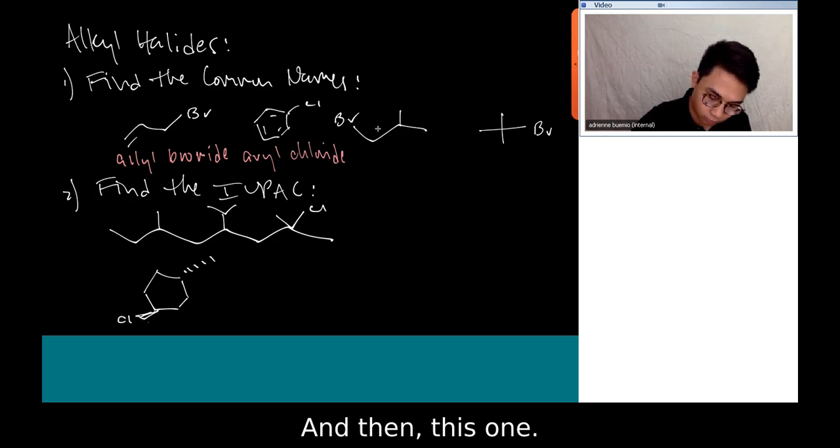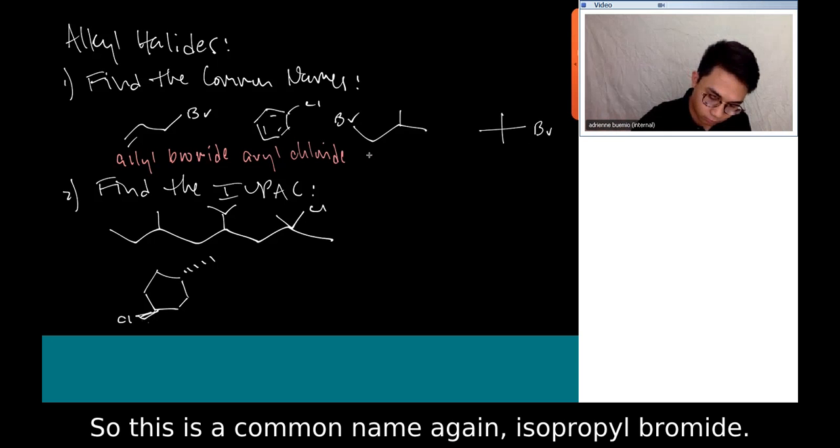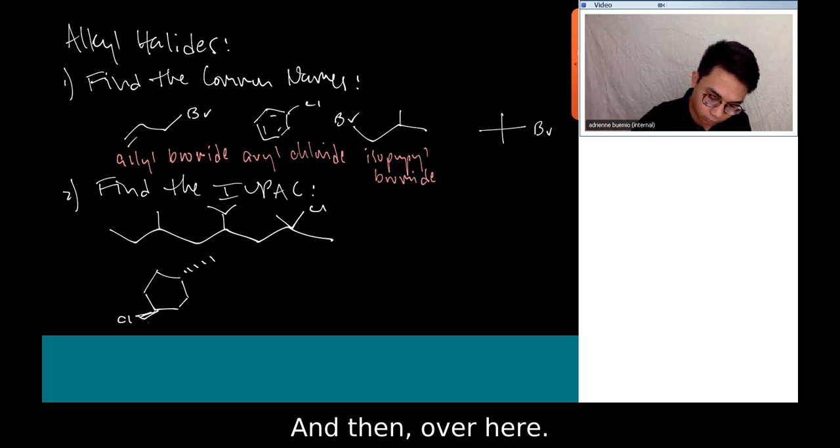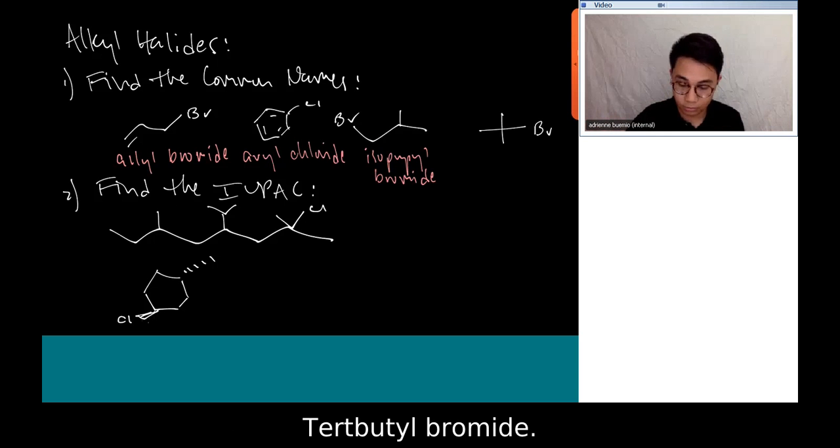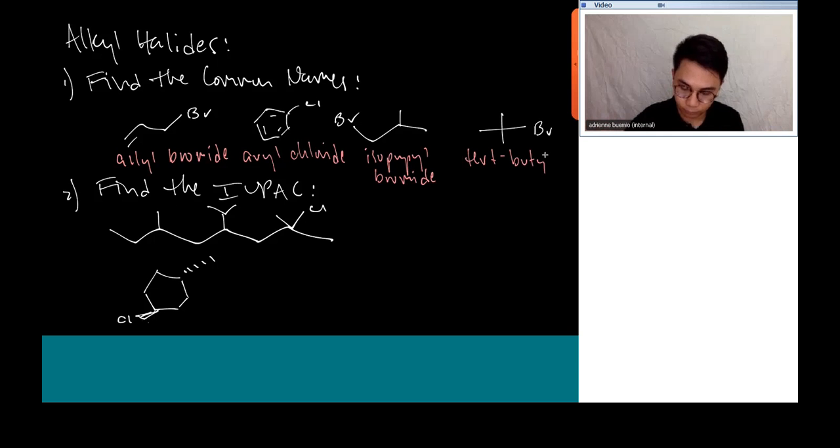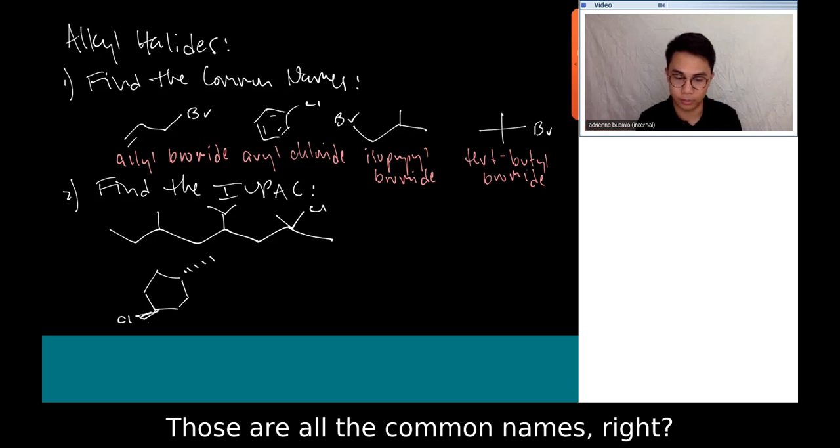And then this one, what kind of chain is this? Right. So this is a common name again, isopropyl bromide. And then over here, tert-butyl bromide. So that was it. Those are all the common names, right?